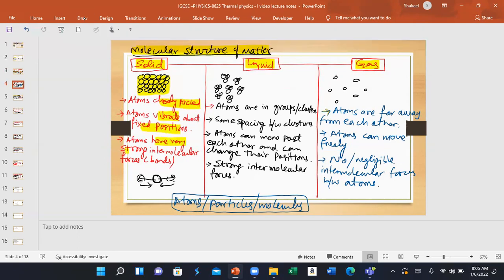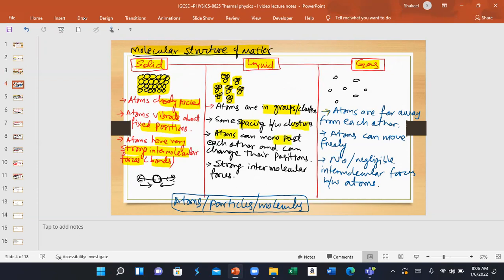And then atoms have very strong intermolecular forces or bonds in the solid. That's why they have definite shape and definite volume. In liquid, the atoms are found in groups known as clusters, like a group of 3 or 2 or 4. There is some spacing between these clusters, due to which they have slight compressibility.